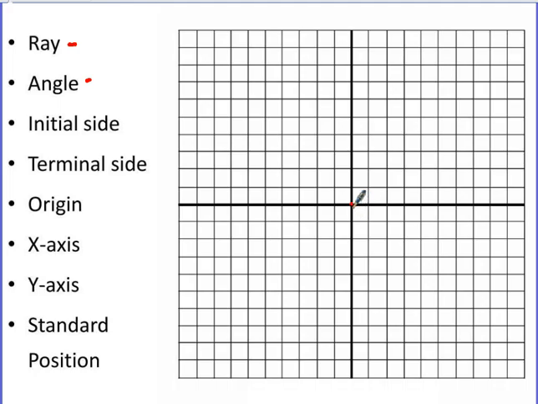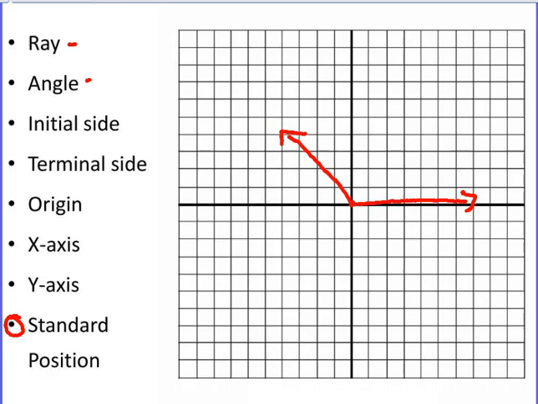So some terms you probably have already seen, ray and angle. Remember, a ray has an endpoint and then it goes forever in one direction. And then if I connect two rays, now I have formed an angle. For our purposes in this class, we're going to be looking at angles in what we call standard position. What that means is on the coordinate plane, the angle has an initial side and a terminal side.